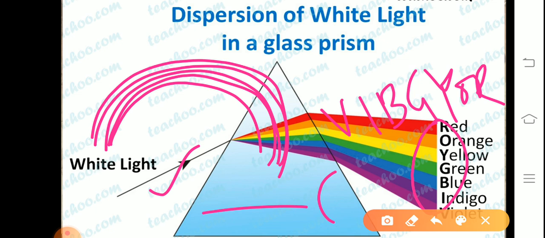So now in this video you are going to learn about the prism, and dispersion of white light when it passes through the prism.